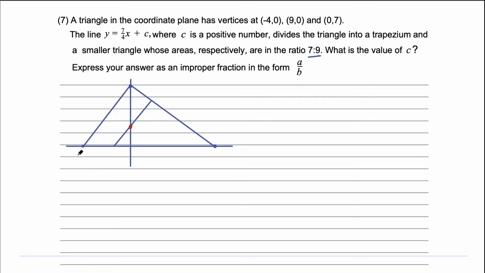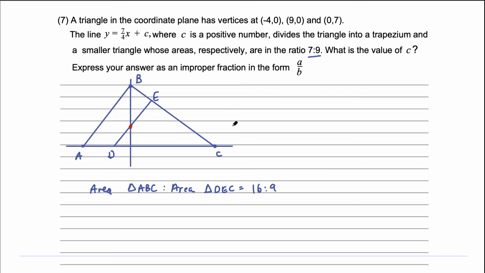Let's label these points A, B, C, D, and E. So let's say, starting down here, the area of triangle ABC to the area of triangle DEC is going to be 16 to 9. I think that's an important place to start.